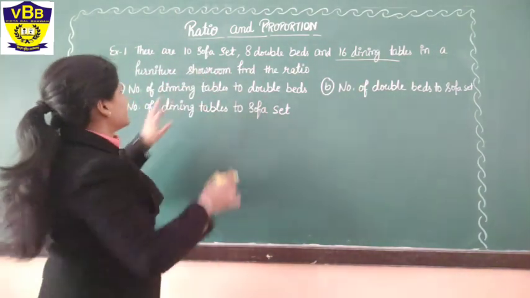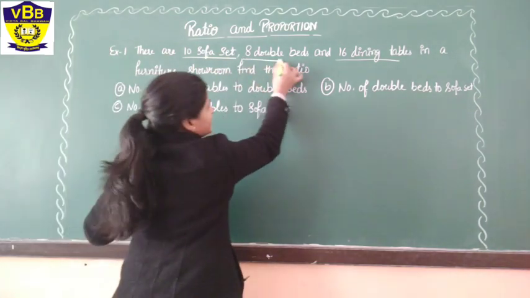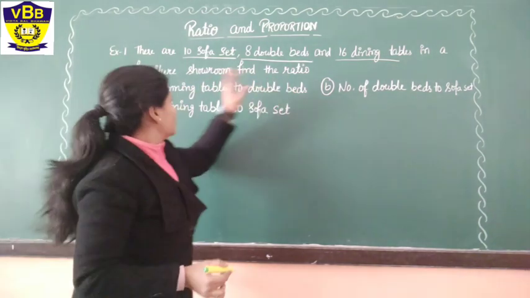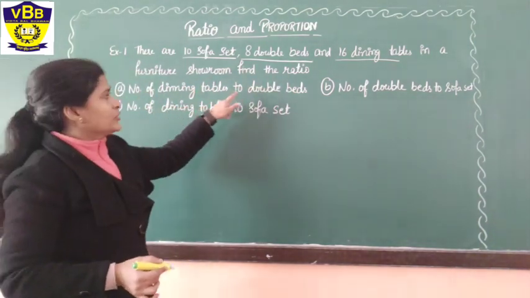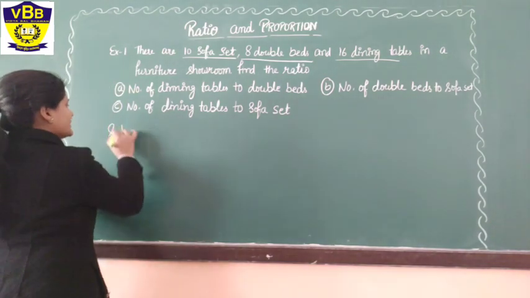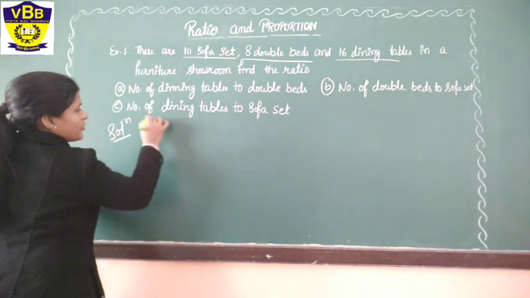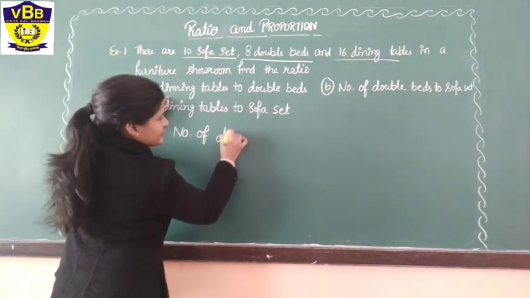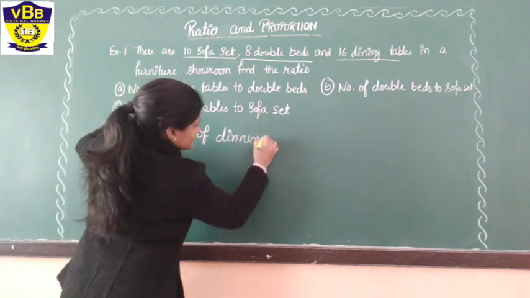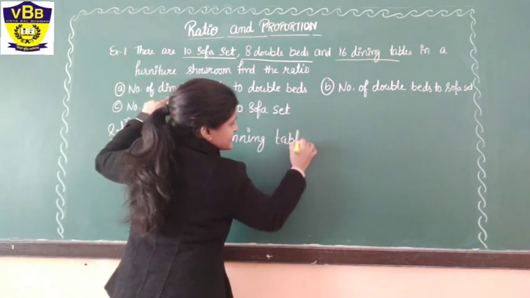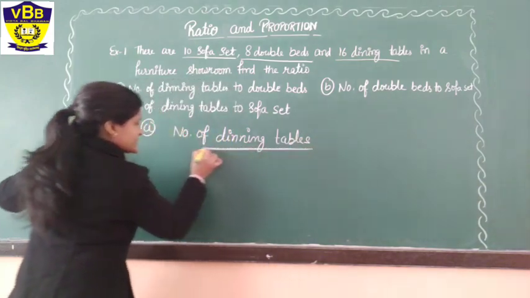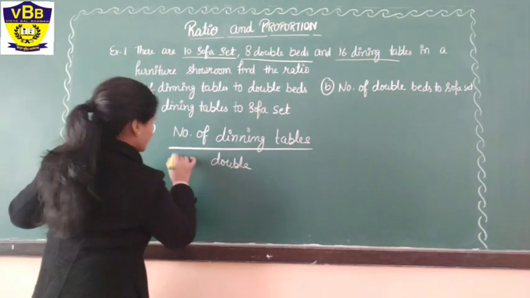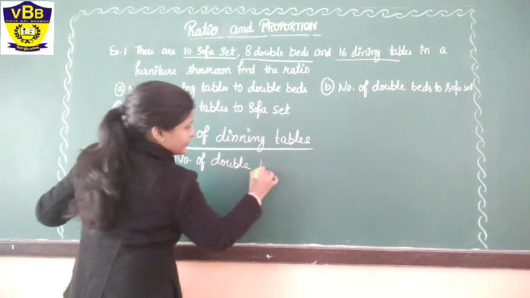Find the ratio of the number of dining tables to double beds. Solution for A: number of dining tables upon number of double beds.